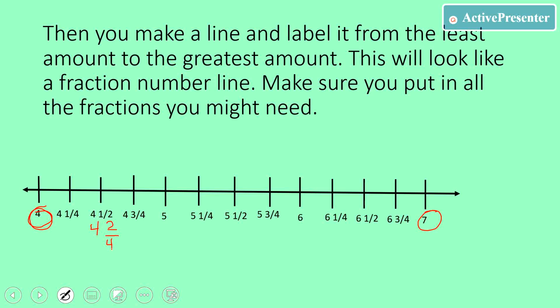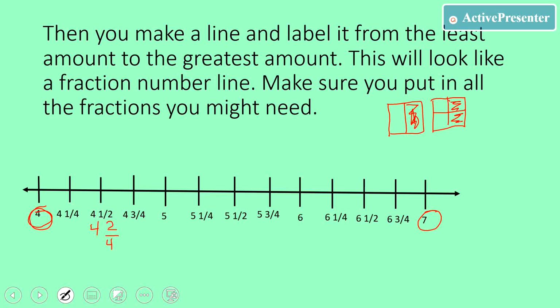I can think about that if I remember that if I have 2 rectangles, and I divide this one in half and this one in fourths, 1/2 is equal to 2/4. So each time we have 1/2, you can also think of it as 2/4, but you want to make sure you write it as a half when you're labeling your number line.